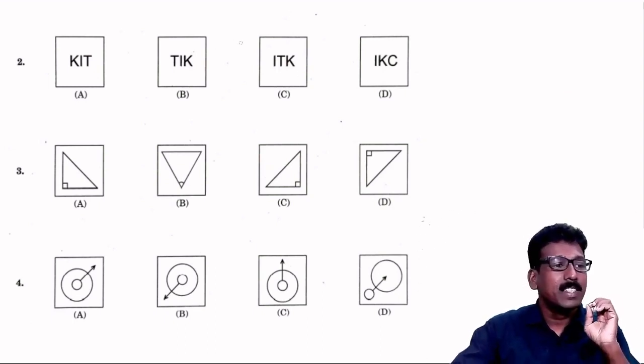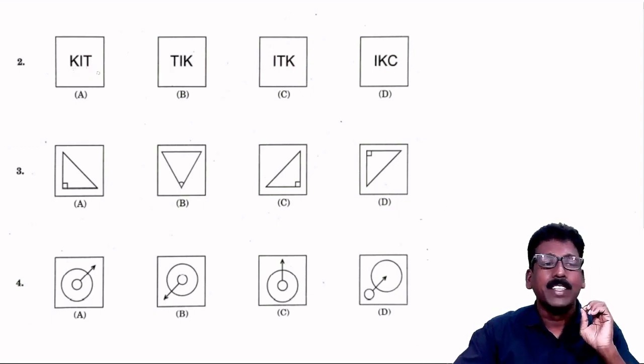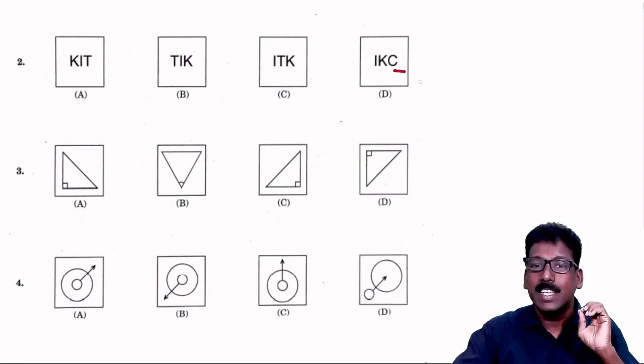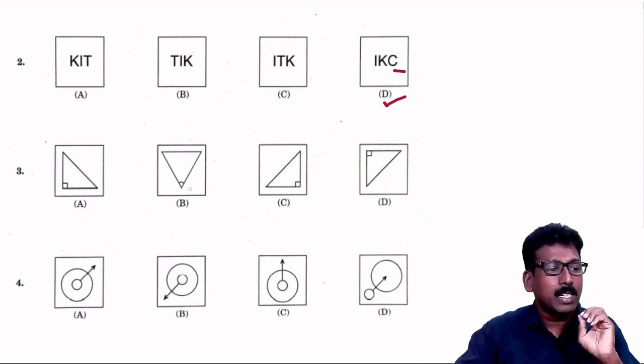Second question, you can see 3 letters are there, K, I, T, but in the last there is a new letter C, so D is the correct option. Here in question number 3, A, B, C, D are triangles, but A, C and D are right angle triangles, B is not, so B will be the correct answer.